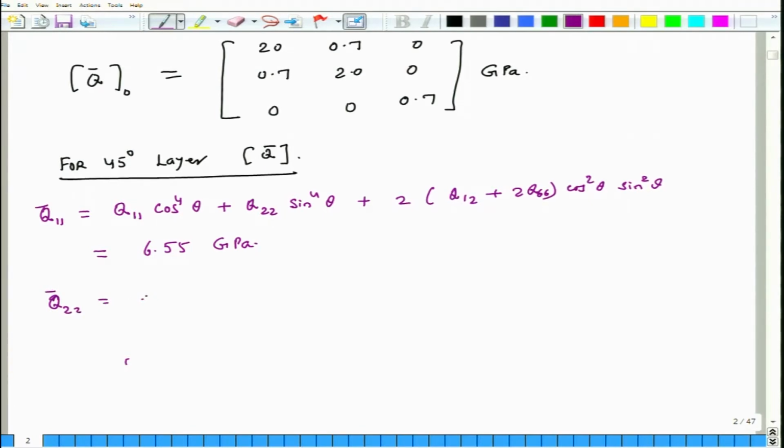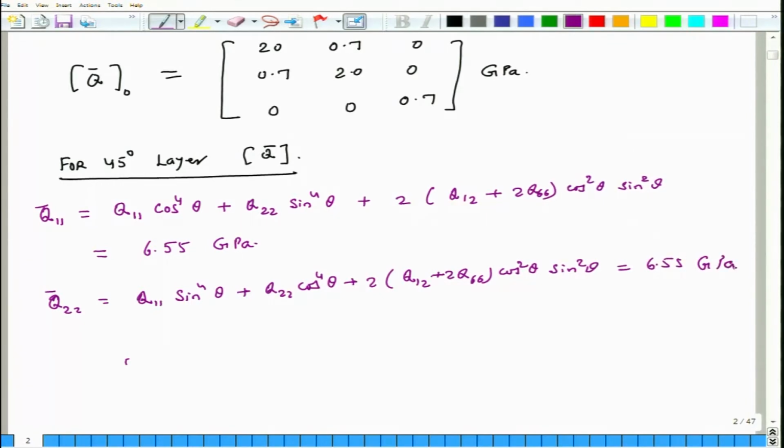Similarly, Q22 bar is Q11 sine 4 theta plus Q22 cosine 4 theta plus 2 times (Q12 plus 2 Q66) cosine square theta sine square theta, and this is also the same, 6.55 GPa. We also find Q12. I am going to directly plug in the numbers.